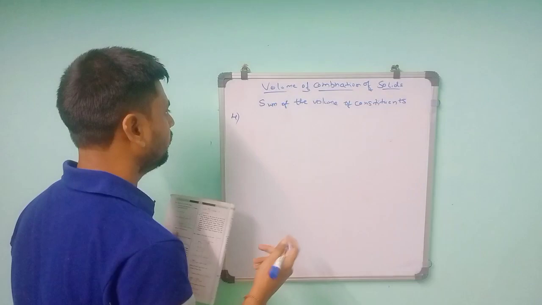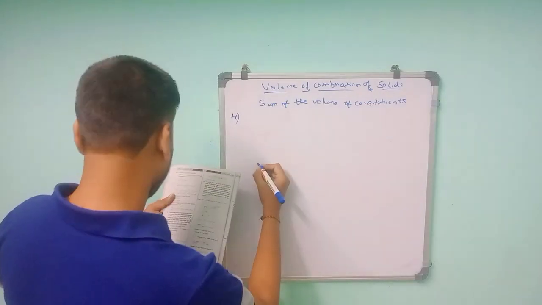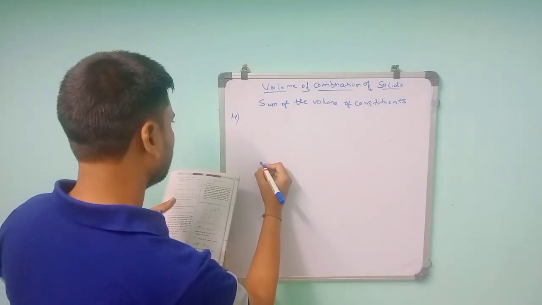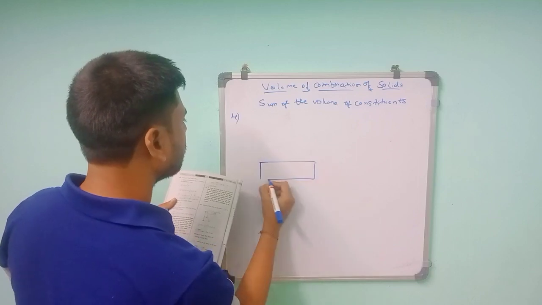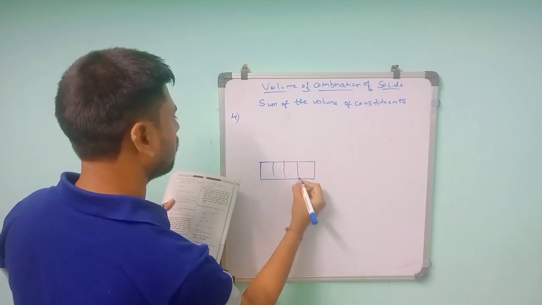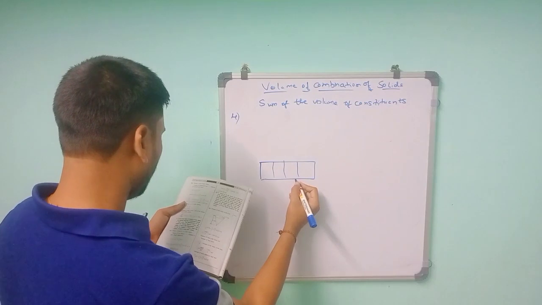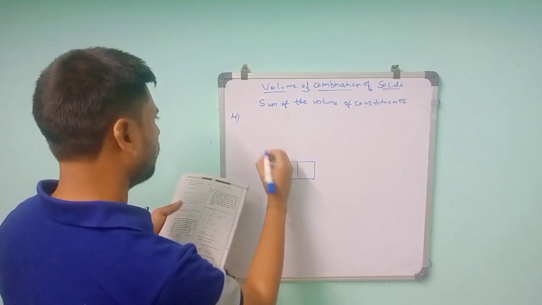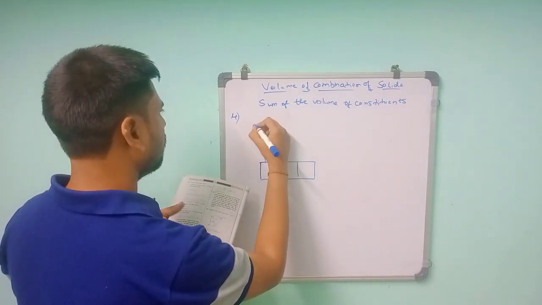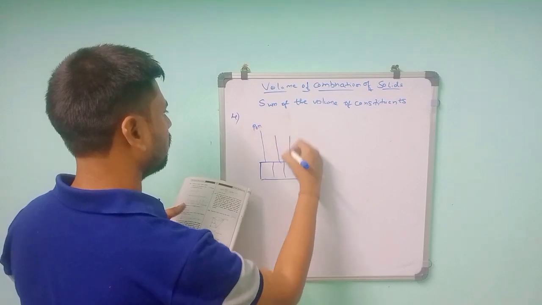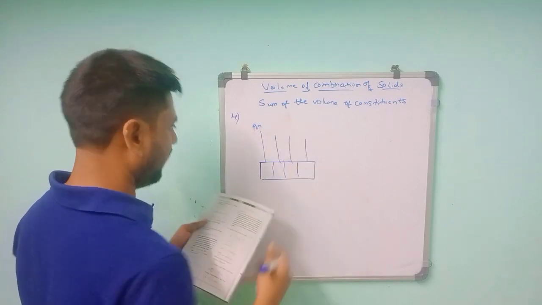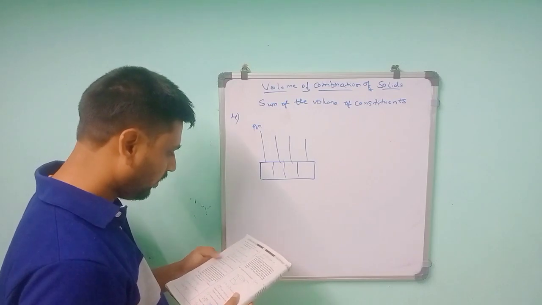If we take this one, a pen stand. So this is the pen stand. They have given 4 conical depressions, so you keep the pens. Four pens, in the shape of a cuboid.